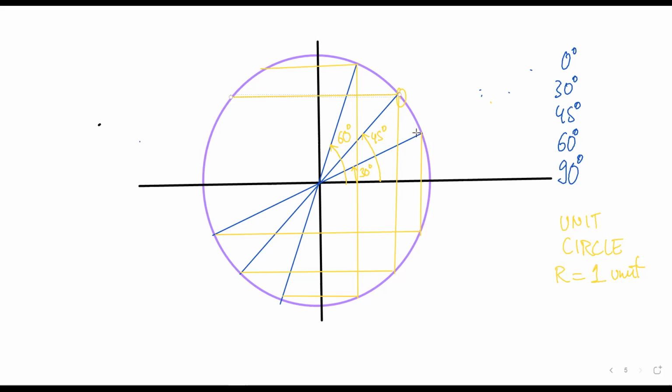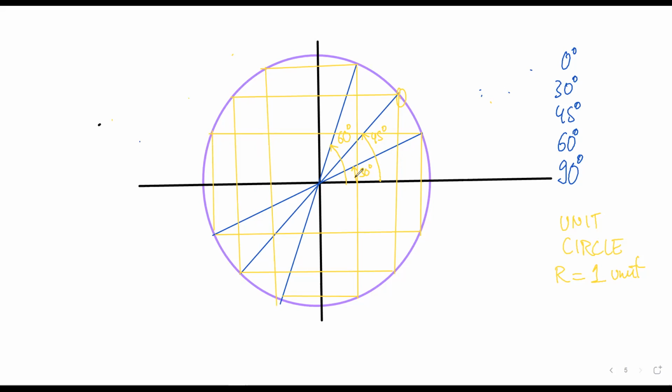Basically this is the same figure that we had drawn last time, but the values would be correct this time.